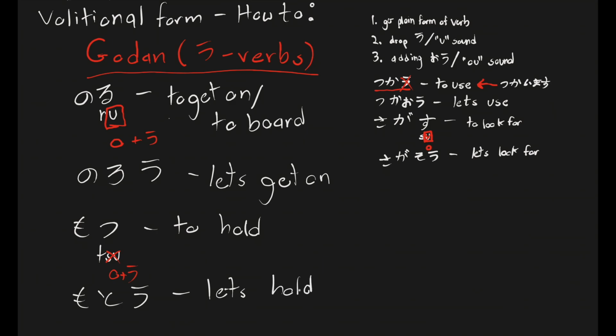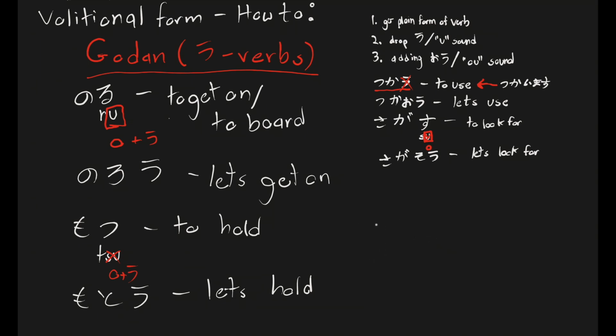Now it does sound kind of awkward, but it's to get that idea that if you see tsu, instead of just getting rid of the U sound, you go into the same line of hiragana, and you pick the one that has an O.